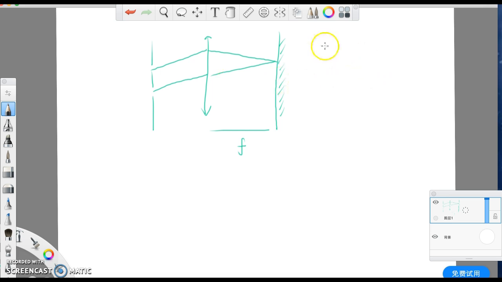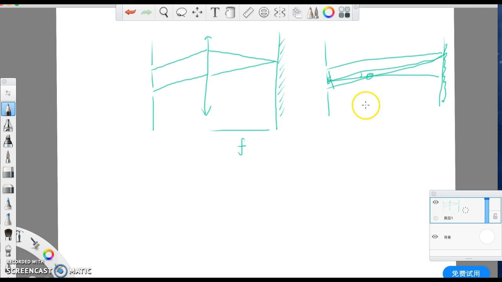Remember when you had that aperture and a screen far away, you did an approximation, right? This angle theta is the same as the angle theta here, which is just an approximation, because you assume that these two lines are parallel.